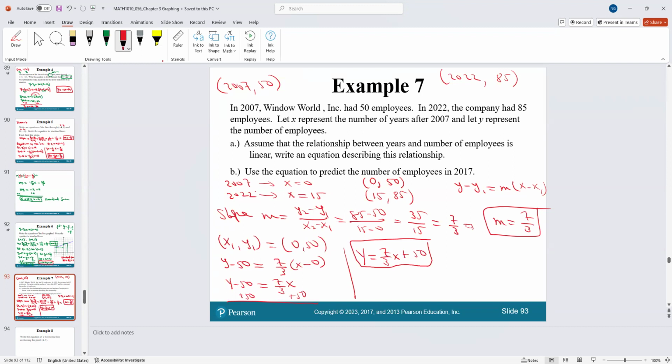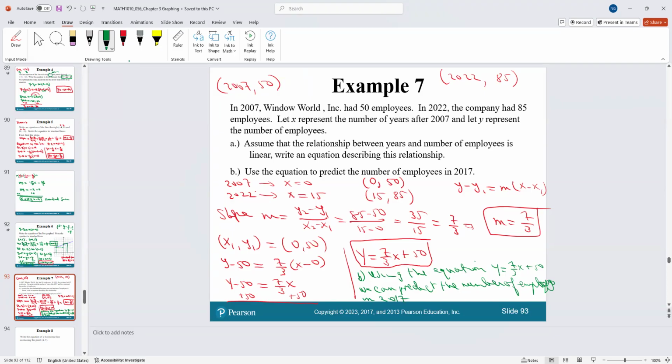For part B, using the equation y equals 7 thirds of x plus 50, we can predict the number of employees in 2017.